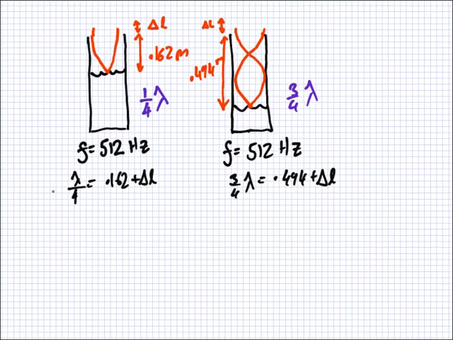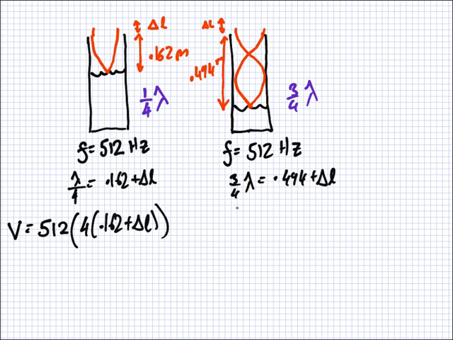Okay. So here, V, which we don't know, equals F lambda. And here, V, which we don't know, equals F lambda.